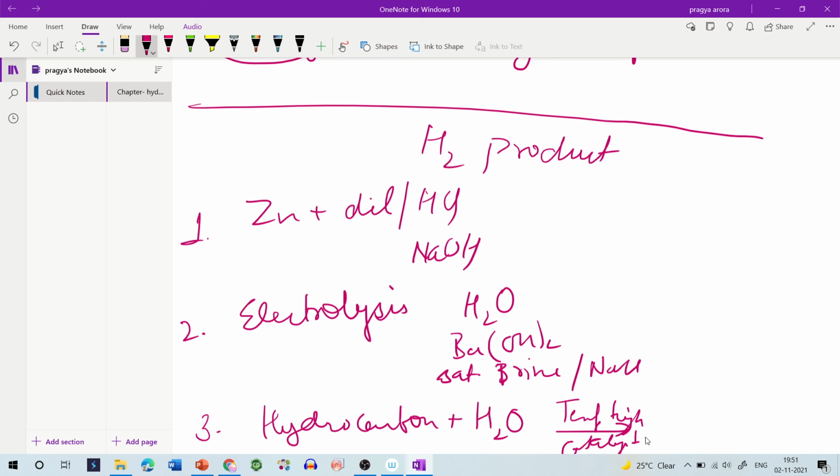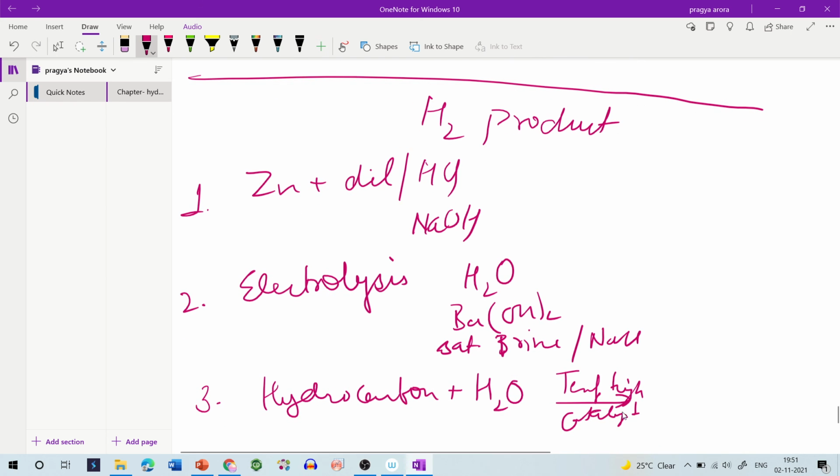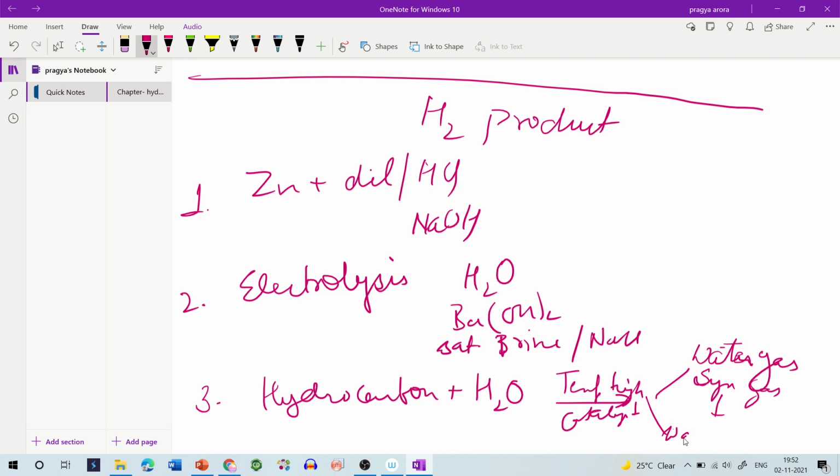Here you understood two important reactions: one is water gas or syngas formation, and how you can make more hydrogen by shifting this water gas, that is the water gas shift reaction. You understood.